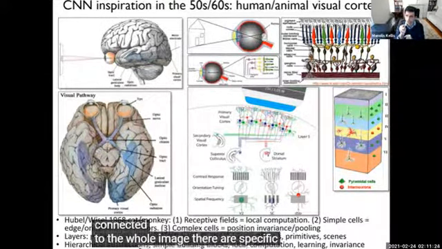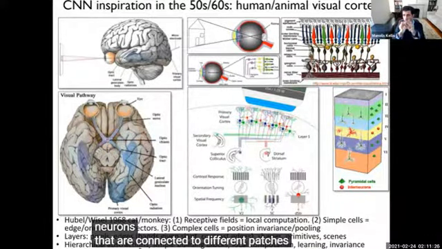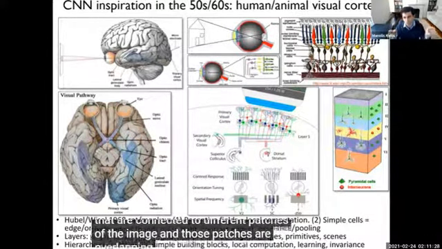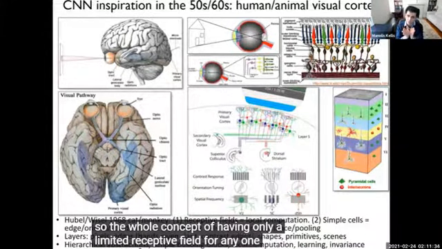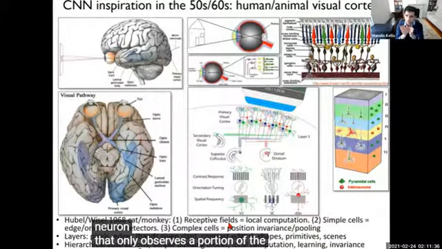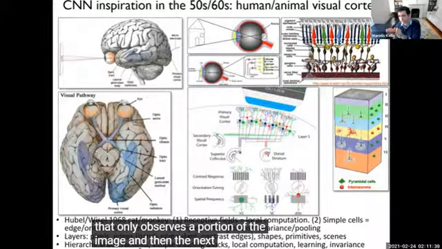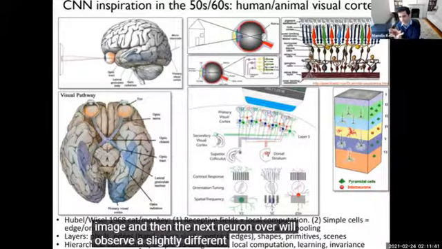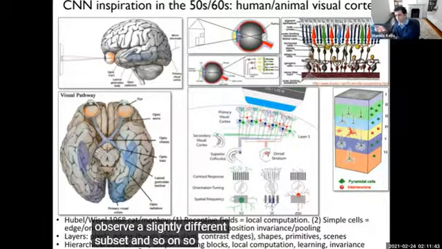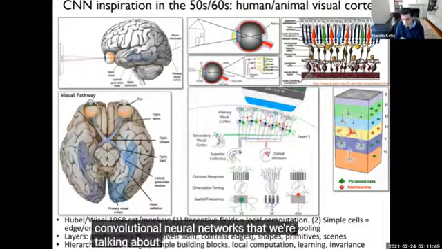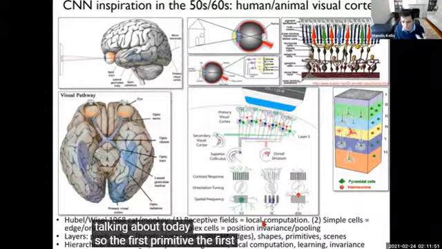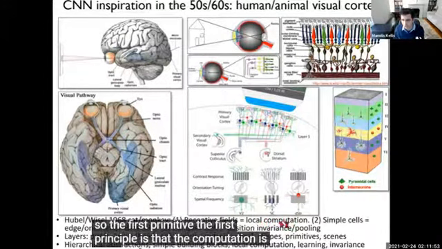There are specific neurons that are connected to different patches of the image, and those patches are overlapping. So the whole concept of having only a limited receptive field for any one neuron that only observes a portion of the image, and then the next neuron over will observe a slightly different subset, and so on and so forth, is at the root of these convolutional filters and the convolutional neural networks that we're talking about today. So the first principle is that the computation is local.